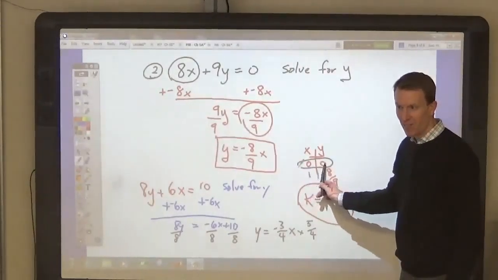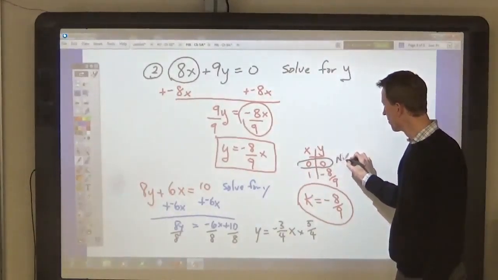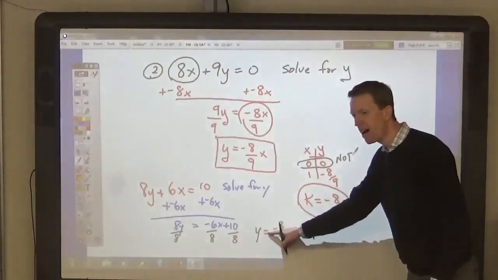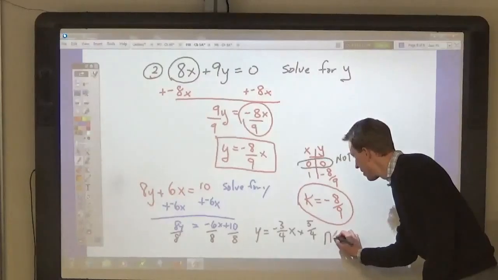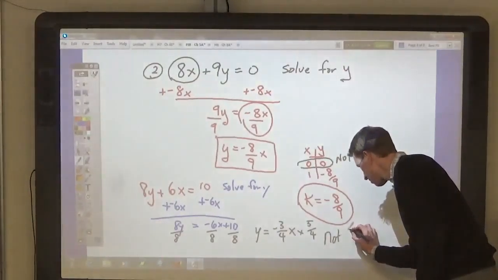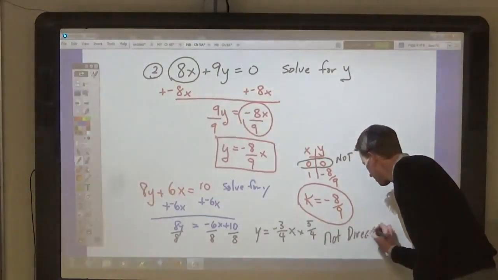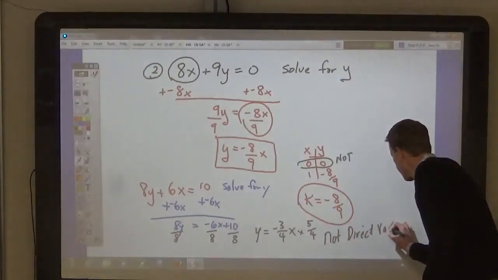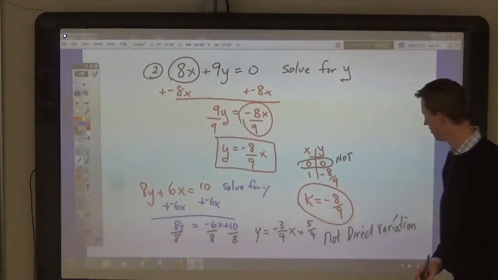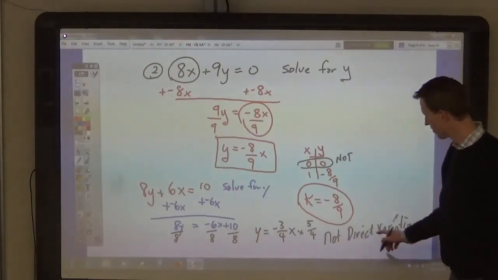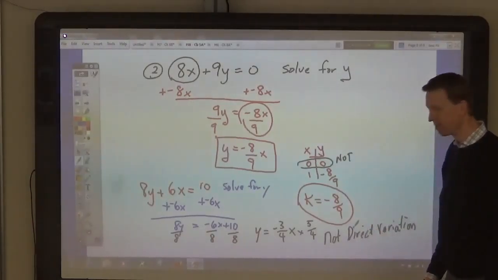So if this is not true, then this is not an equation of direct variation. So you write not direct variation. I'm just gonna put NDV.